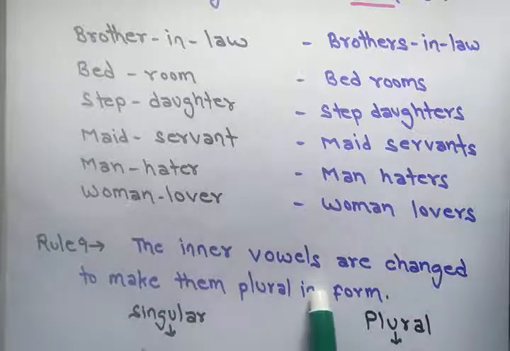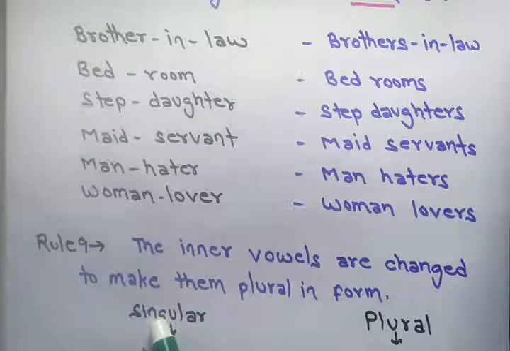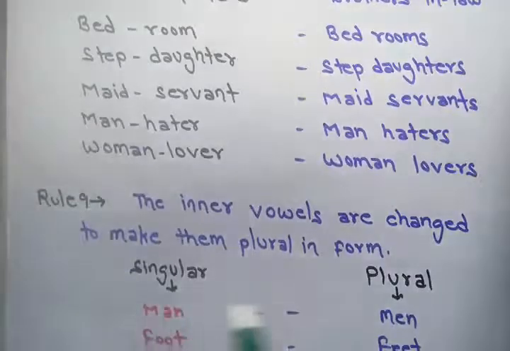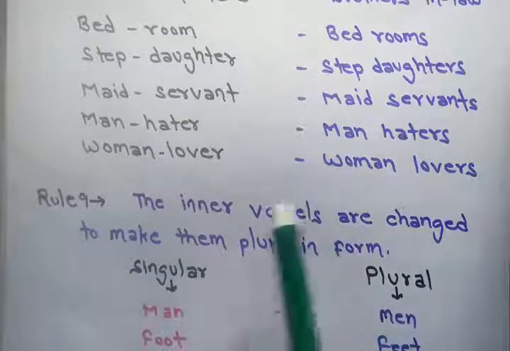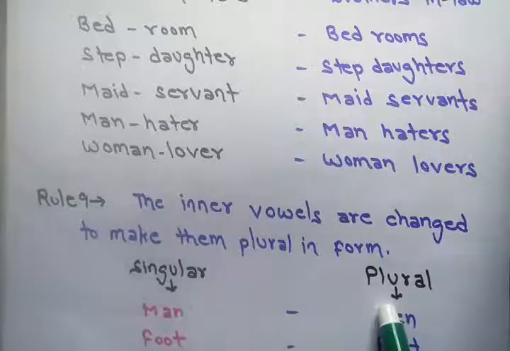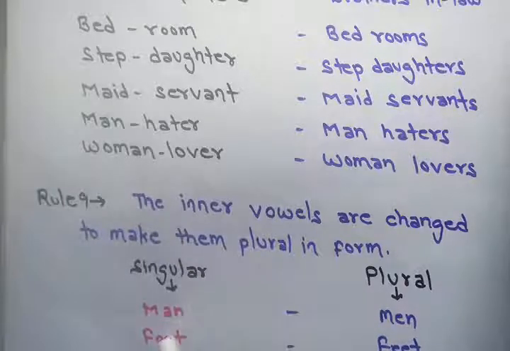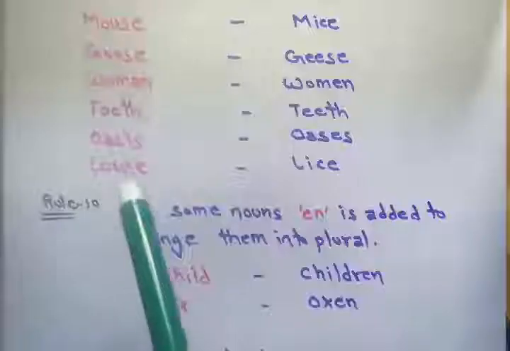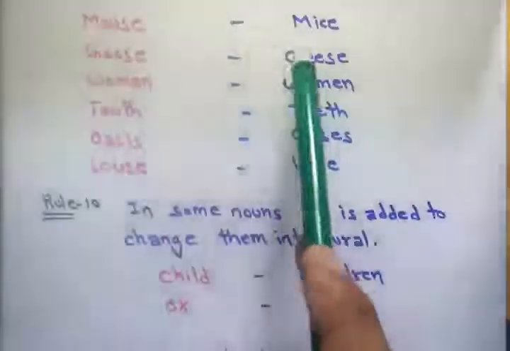Okay, for example, here singular and here is plural. Man, men. Inner vowel means it's man, and its plural is men. Foot and feet. Mouse, mice.